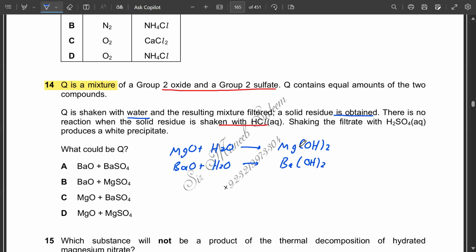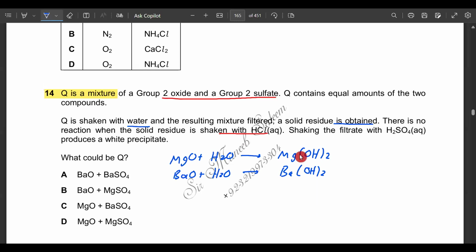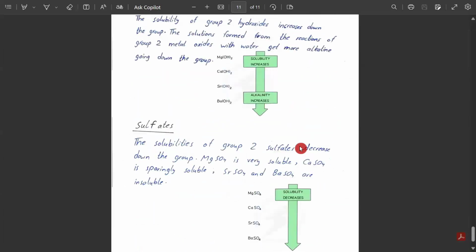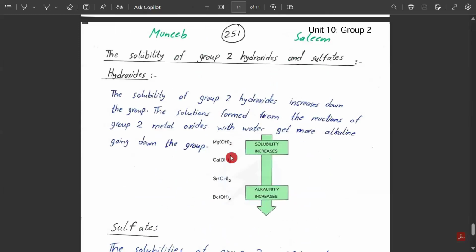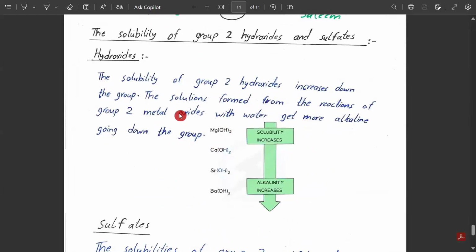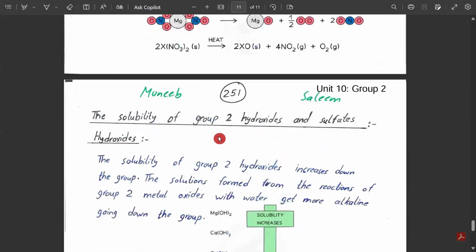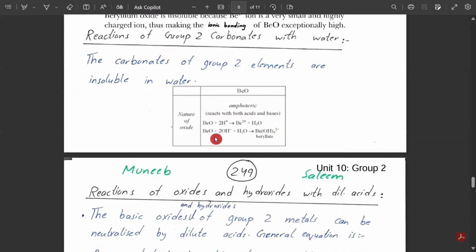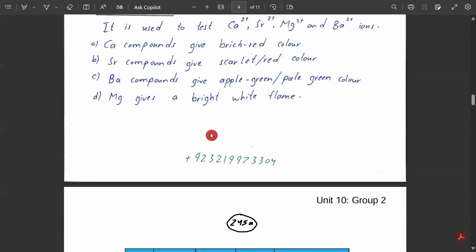Now we have to see the solubility trend of the hydroxides. For this purpose, I will again show my notes. So that's an indication that solubility increases down the group. So we can see magnesium hydroxide has least solubility, and that is also mentioned here.